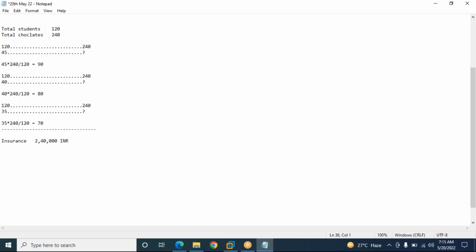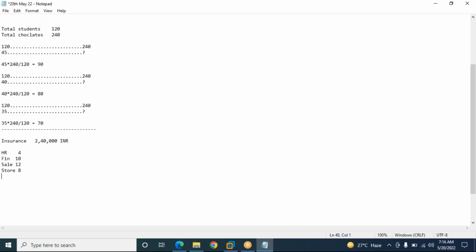Now in the HR department, suppose 5 members are there. In the finance department, there are 10 members. Sales department, 12 members. Okay, and then stores department, suppose 4 members. I'm taking 4 members.